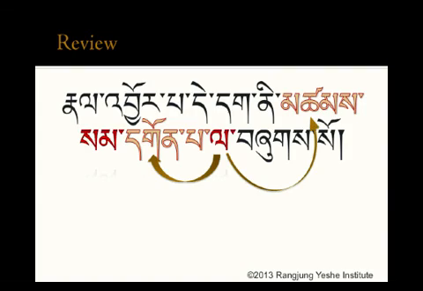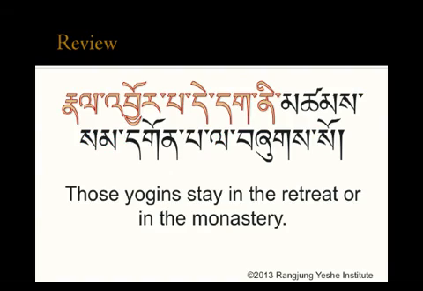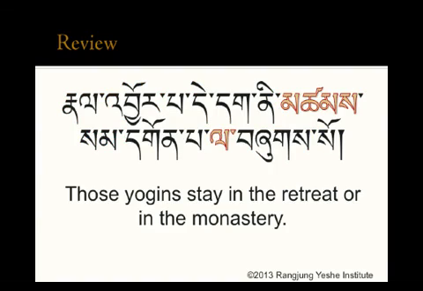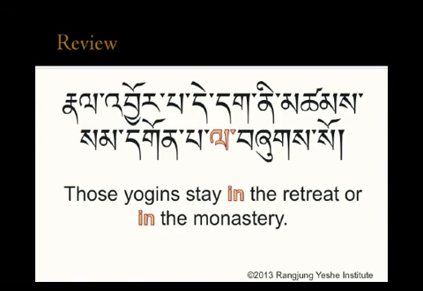We can distribute the la over the sam here and read the sentence like this. Those yogins stay in the retreat or in the monastery. Notice that even though there is just one la, when we translate this into English, we can write in twice.